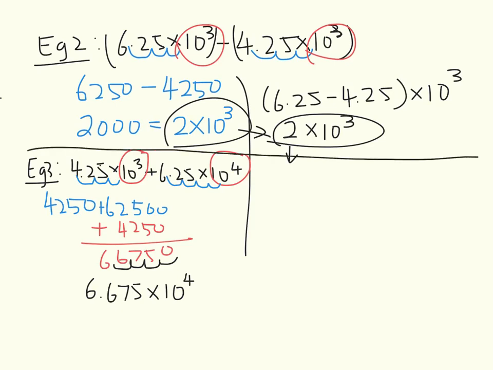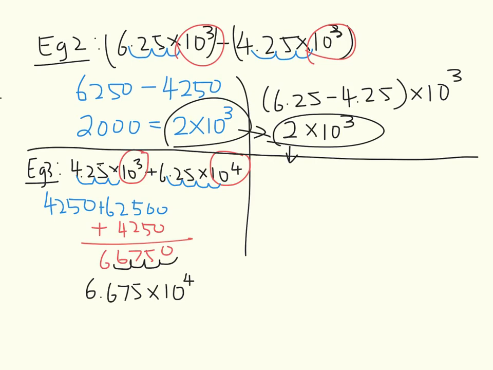All right, so in order for us to apply the factoring rule for the 10, we need to make sure that they both have the same power. So we can rewrite the numbers with 10 to the, say, third.